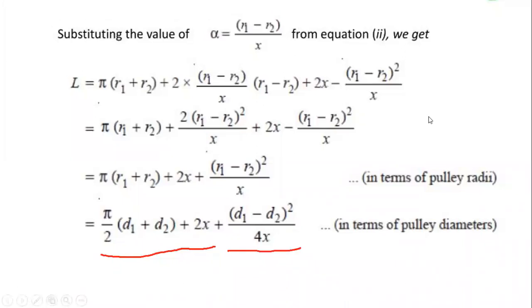In terms of radius and in terms of diameter, we can take both.